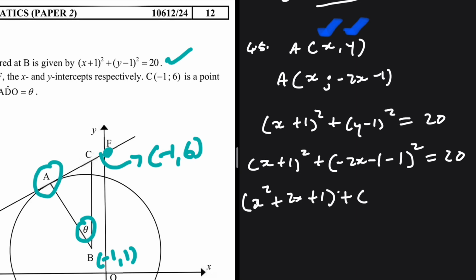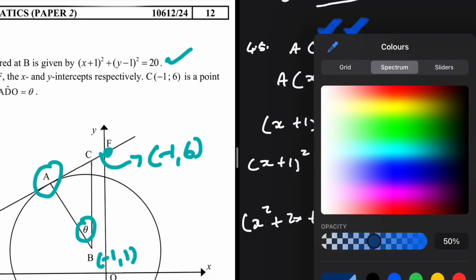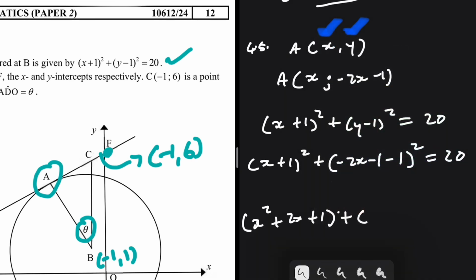Then minus 2x minus 1. Let me write it elsewhere and solve it at the same time. This here will give us minus 2x minus 2 squared.